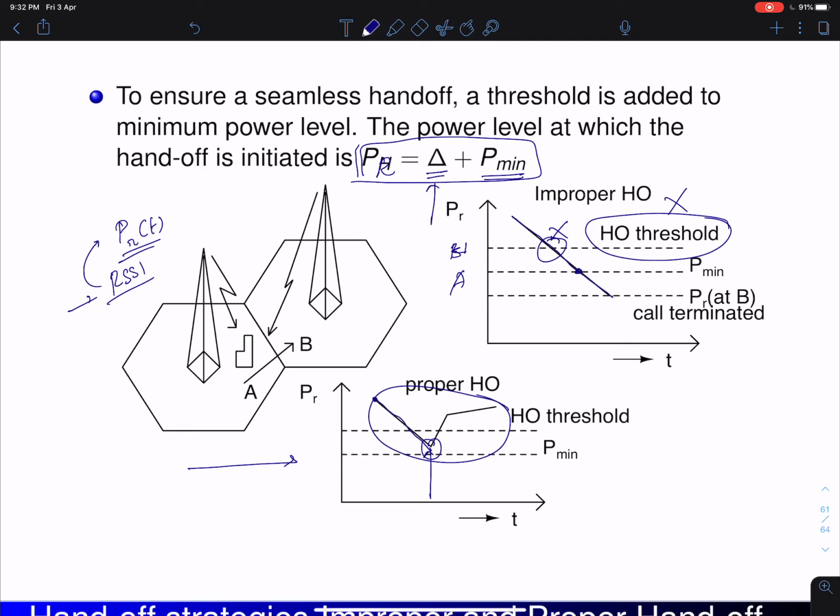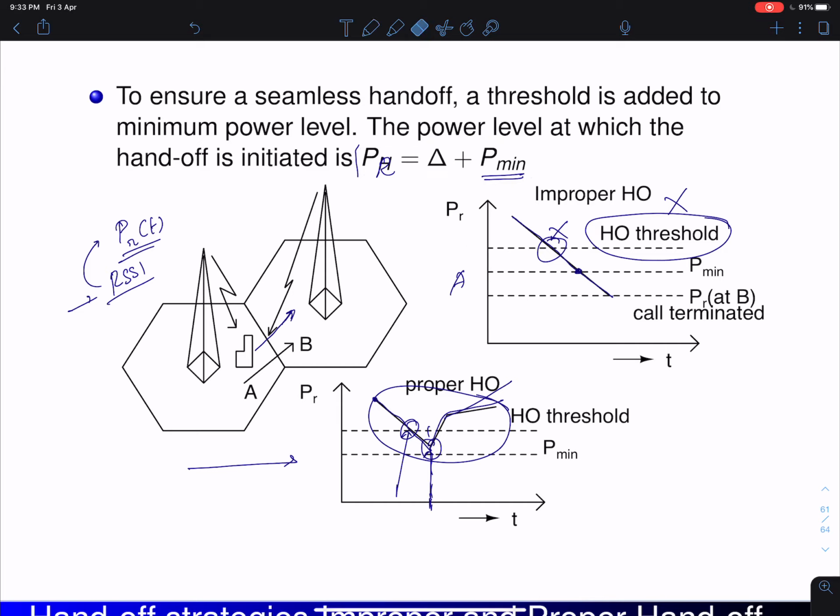So you have initiated the handoff at the right point, which is at the threshold point. When the signal goes lower than the threshold, we suddenly initiated the handoff. Now at this point shown here, handoff has already happened. So the moment handoff has happened, the cell phone is going towards tower B, which means your signal power will start increasing, and it will actually keep increasing further. That's what is shown here.